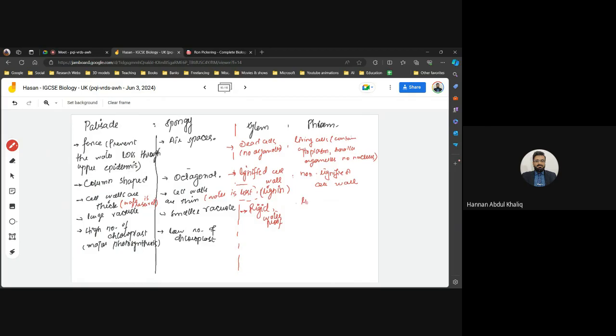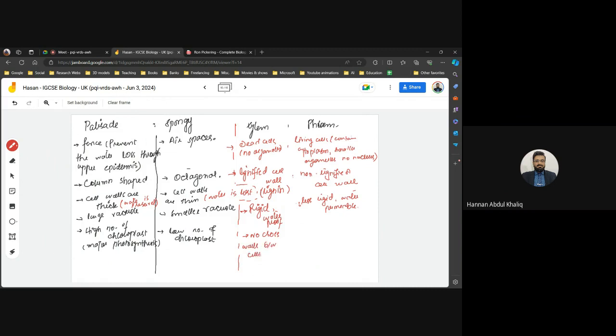But the phloem walls are less rigid and they are water permeable. What else can we say over here? Xylem: rigid, waterproof, dead cells, lignified cell walls. Yes, no cross walls between the cells.